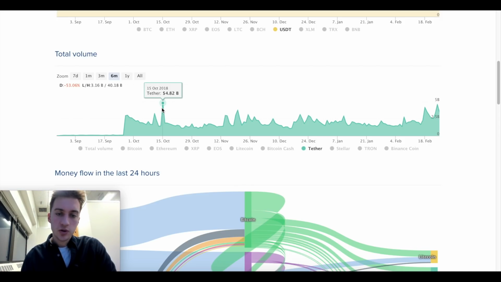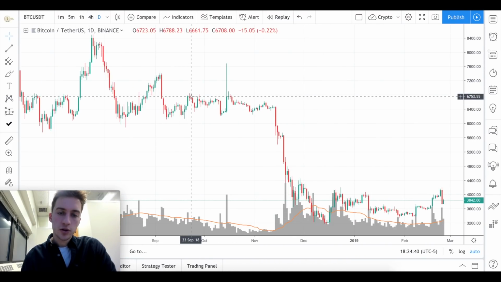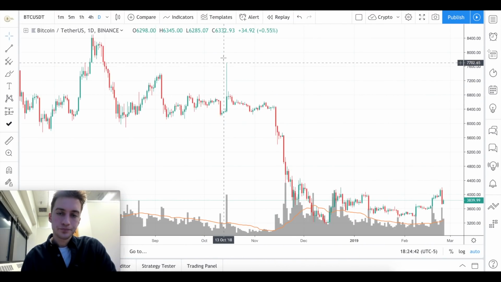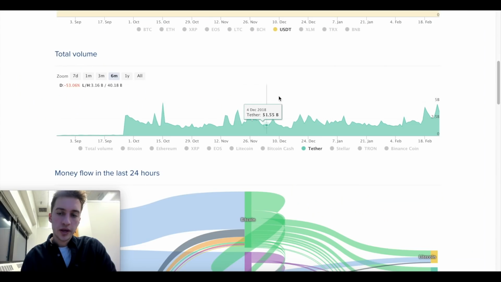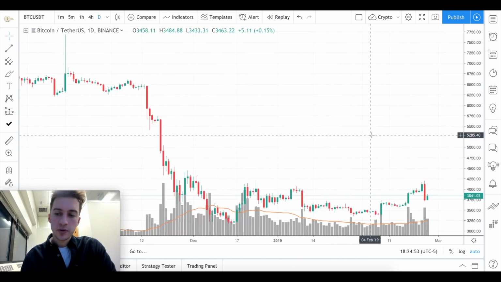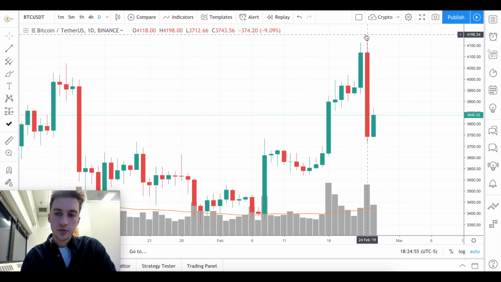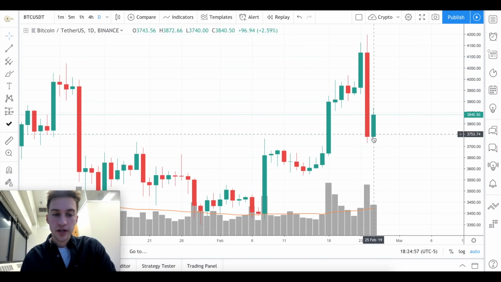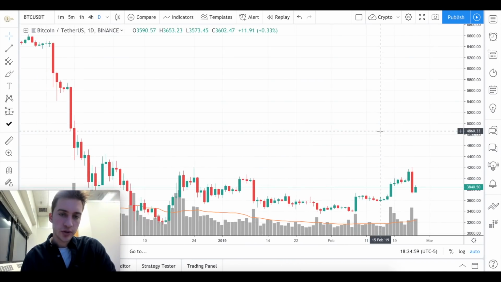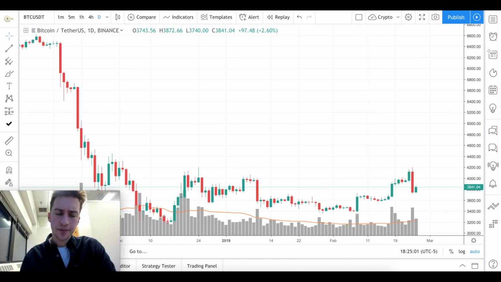So 15 of October was here. Another example, when we had a major volume spike on Tether, was 24 February, which was 4.62 billion transacted of Tether. 24 February was here, this reversal. Or a retracement. We'll see if it's a reversal or a retracement. But that's another thing you can look at.